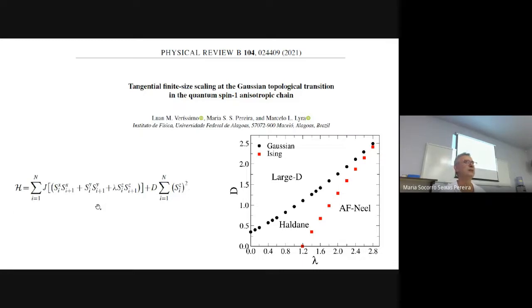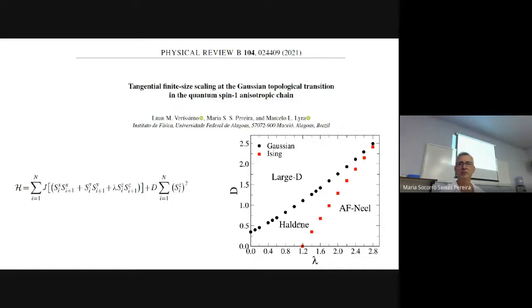This model has been studied for a couple of decades in the literature, and the phase diagram is very interesting, including both anisotropies. We have a region where the ground state is the usual Néel antiferromagnetic state, a Haldane phase, and what is called the large D phase. The transition between the Néel phase and the Haldane phase belongs to the universality class of the Ising transition.